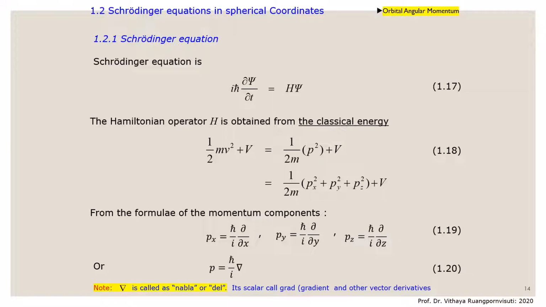This slide is on the topic of the Schrödinger equation in spherical coordinates. We will relate the Schrödinger equation to the angular momentum. The Schrödinger equation in spherical coordinates is derived from the fundamental Schrödinger equation, equation 1.17.